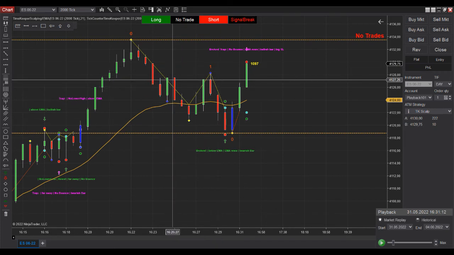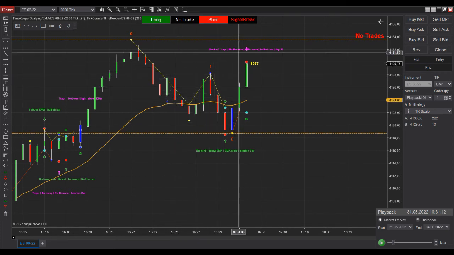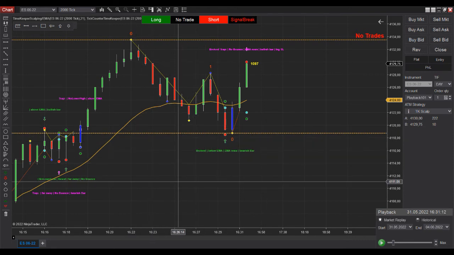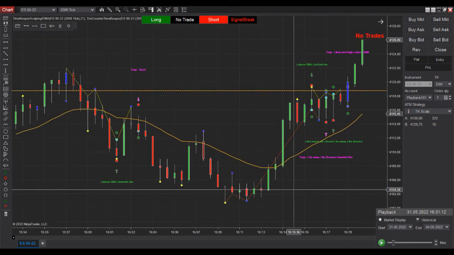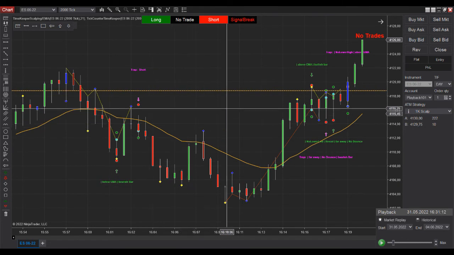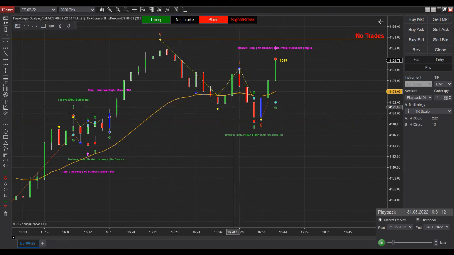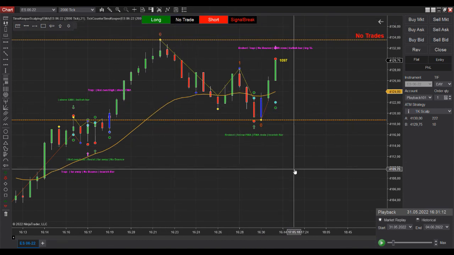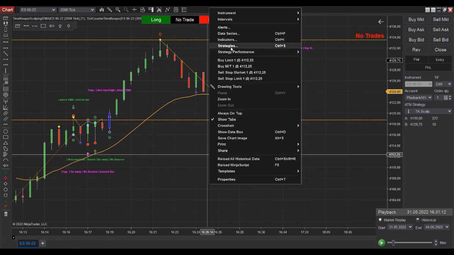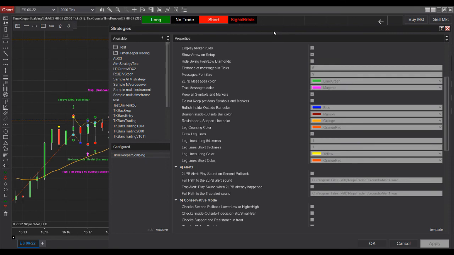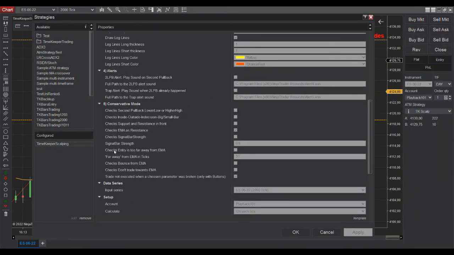So only taking trades above the EMA to the long side, and only taking trades to the downside if you are below the EMA. The system can check it all for you at the same time and would cancel any order if you click the buttons. It would cancel any order if the corresponding rule you checked is broken, so it will prevent you from taking any trades.